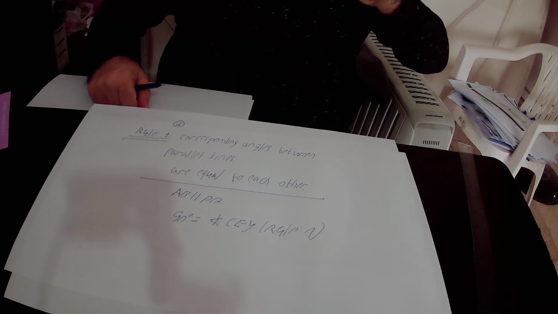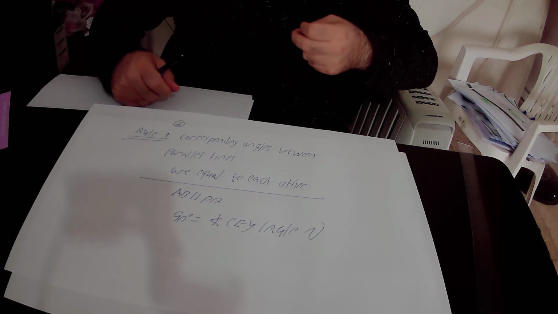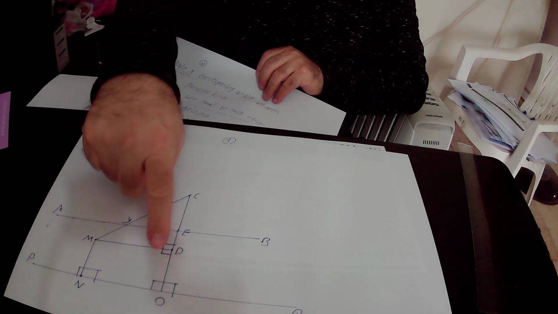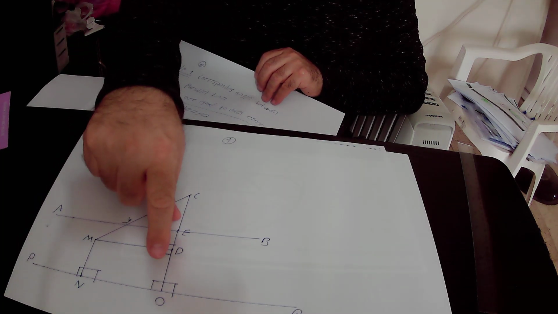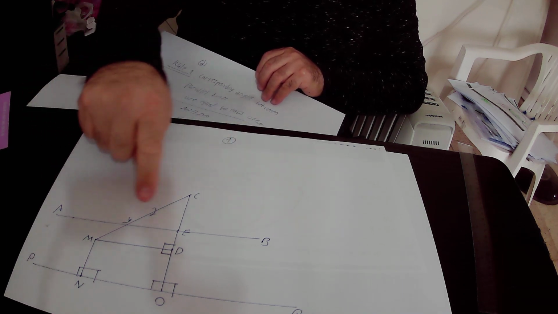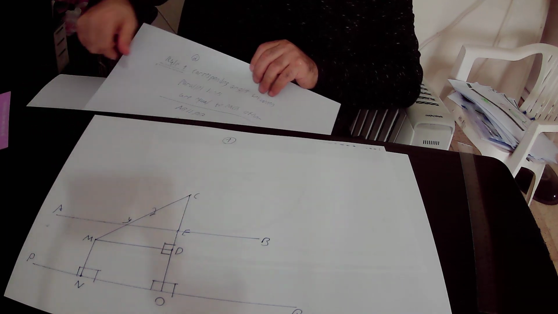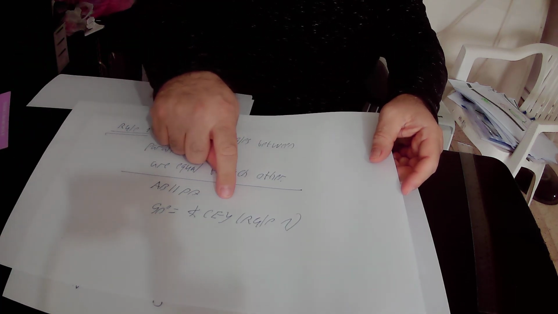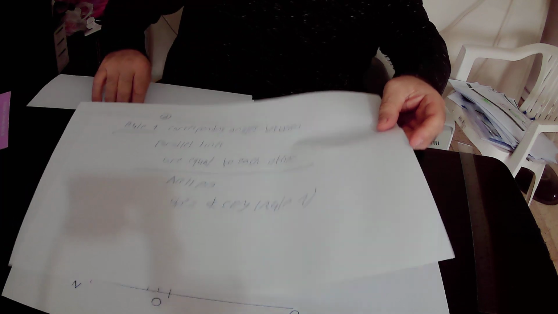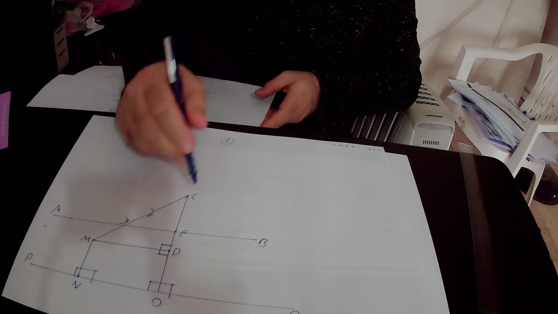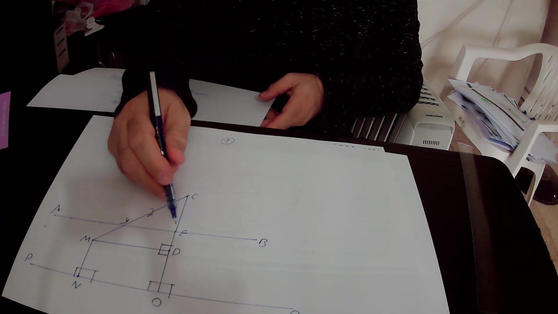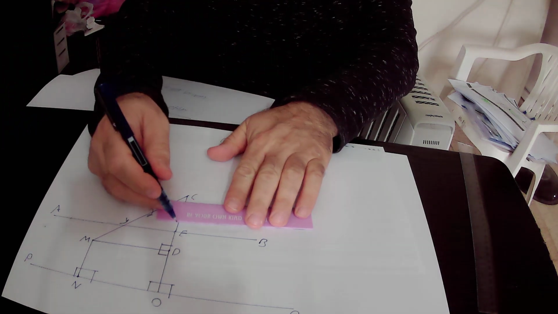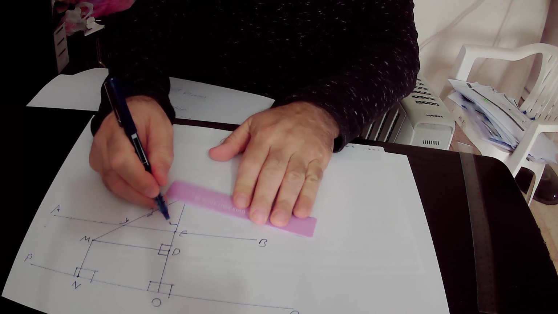So angle CEY is a right angle, that is to say, it equals 90 degrees, according to rule number one.